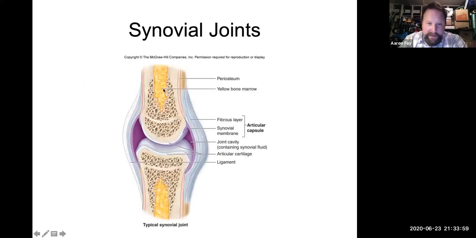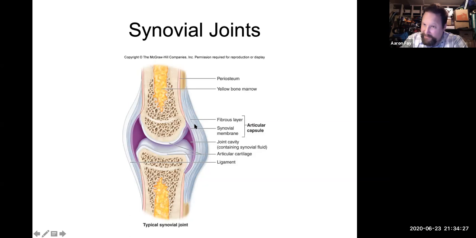So here is our basic picture. We have here, looks like probably a phalange. We have the periosteum. Outside the periosteum, we have the articular cartilage of one bone, periosteum of another bone, articular cartilage of the second bone. On the outside, we have dense, regular connective tissue making up the fibrous layer of the articular capsule.